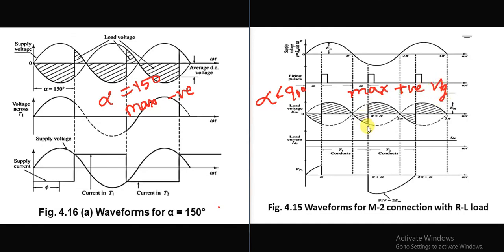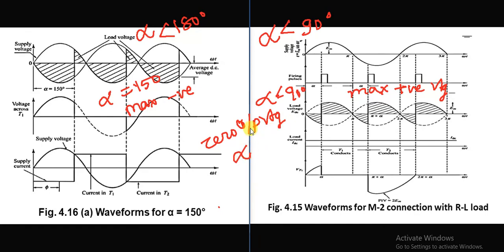So if you want maximum positive voltage, alpha must be less than 90 degrees. If you want maximum negative voltage, alpha must be around 180 degrees. And if you want zero output voltage, alpha must be equal to 90 degrees.